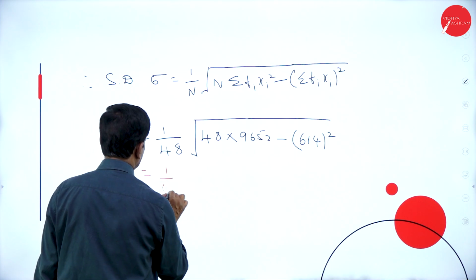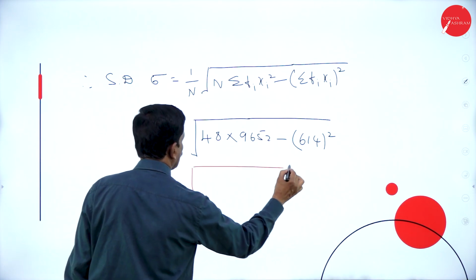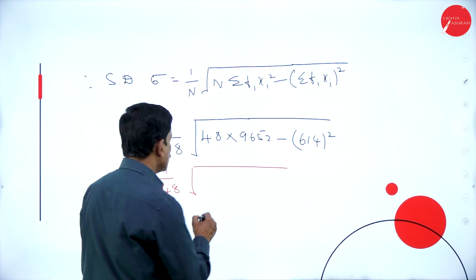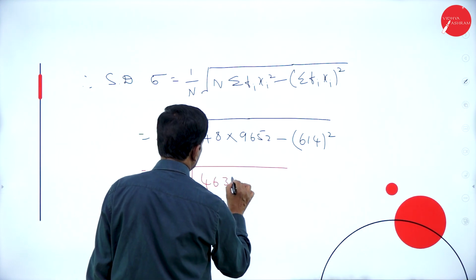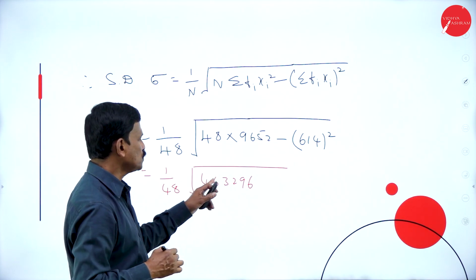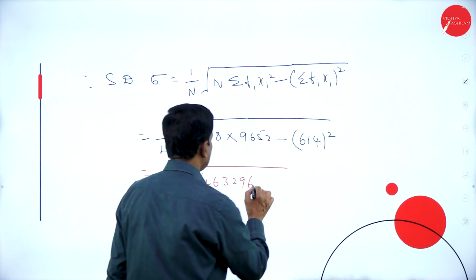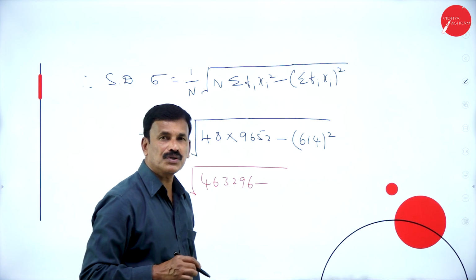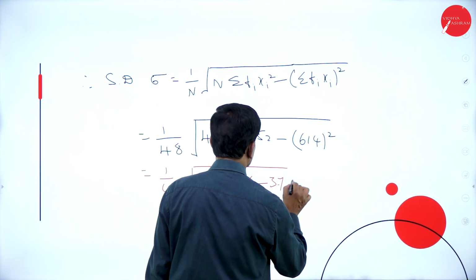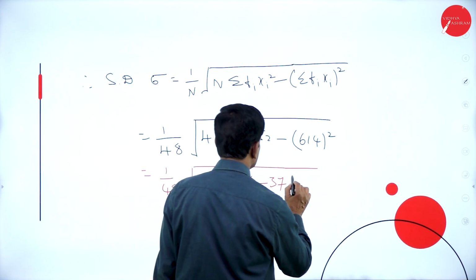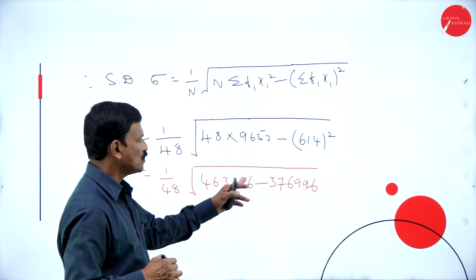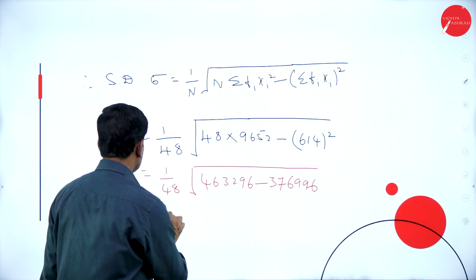So this is 1 over 48 times the square root of, multiply 48 into 9652, which is equal to 463296, minus 614 into 614, which is 376996. Subtract these two.